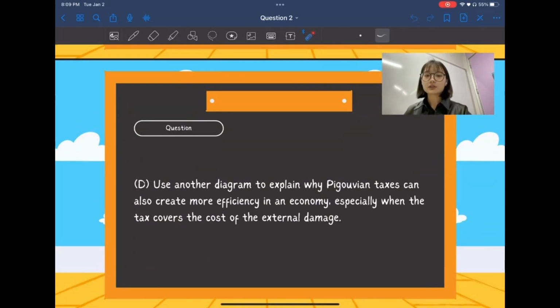And for question D, use another diagram to explain why a Pigouvian tax can also create more efficiency in an economy, especially when the tax covers the cost of external damage.